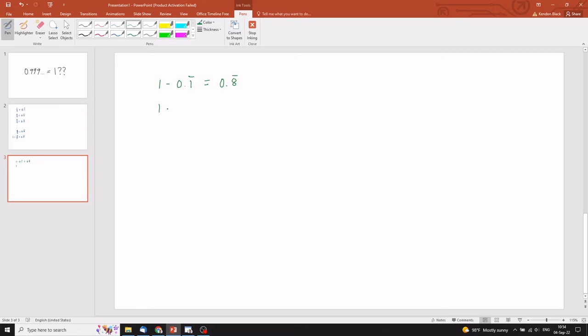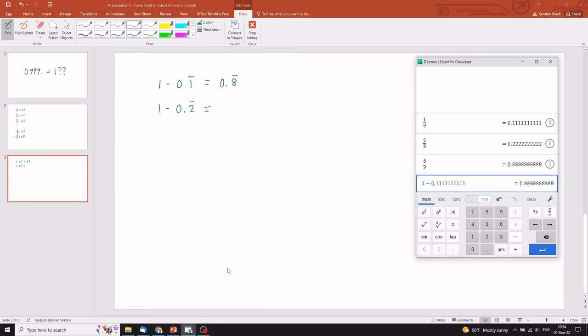Okay, so this is very similar to the previous method. We're just kind of doing the inverse, or we're subtracting from 1, so we're kind of counting backwards. Now 1 minus 0.2 repeat forever. We get 0.7 repeat forever.